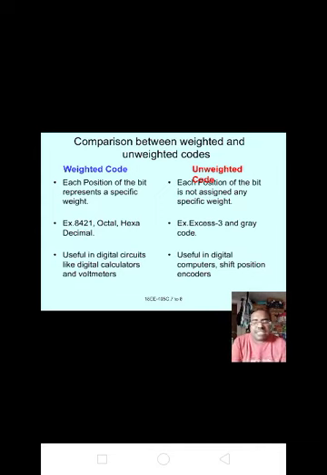Unweighted code examples are XS3 and Gray code. Weighted codes are useful in digital circuits like digital calculators and voltmeters. Unweighted codes are useful in digital computers and shaft position encoders. This is the comparison between weighted and unweighted codes. Most important one, please make a note of it. I will wait for you. Please write it in your notebook.